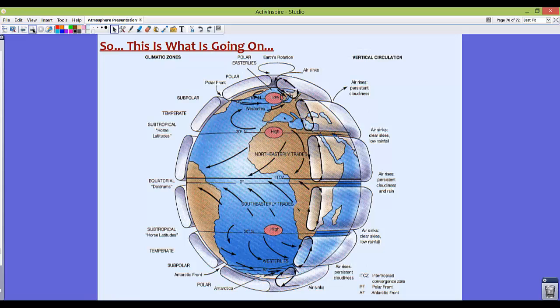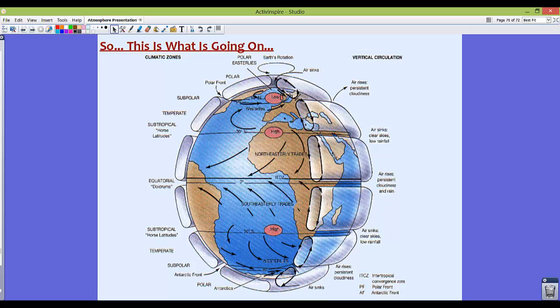So this is an overall picture of what's going on. And actually in class we are going to draw something like this, so you have it in front of you so you can kind of remember it from place to place, from test to test, whatever you're doing. So imagine a rotation, a west to east pattern. So this is our rotation right here.